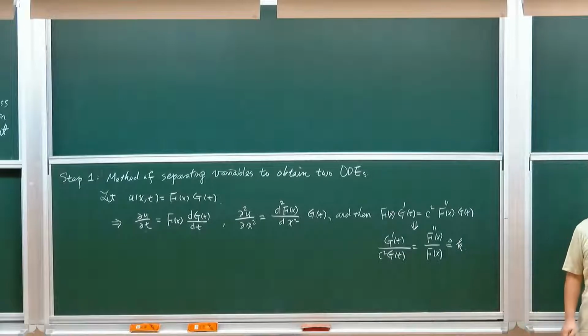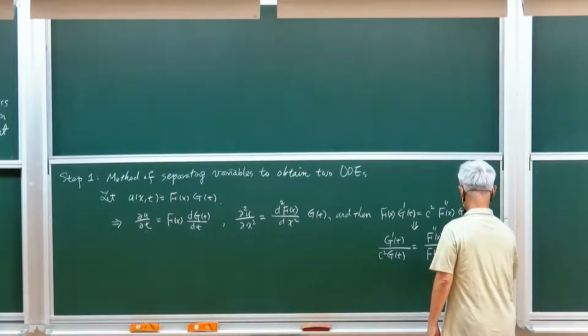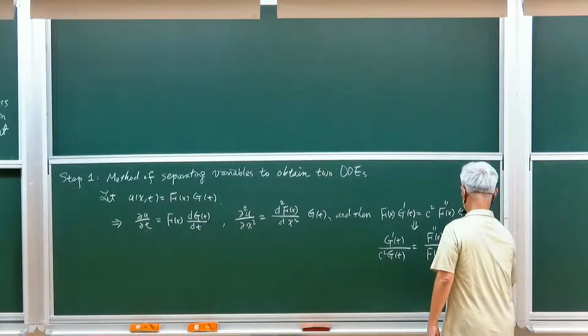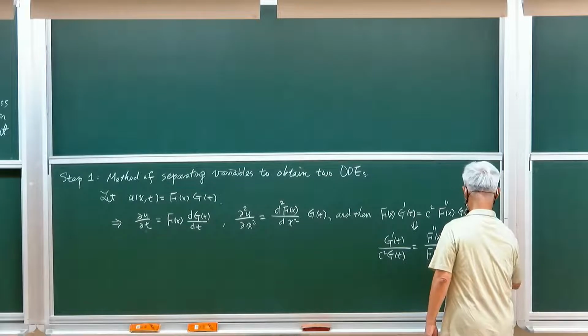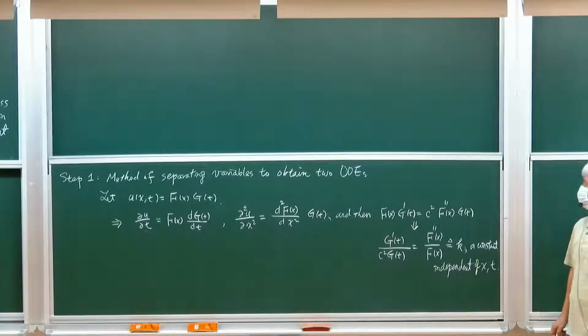So k is a constant, independent of x and t, right?